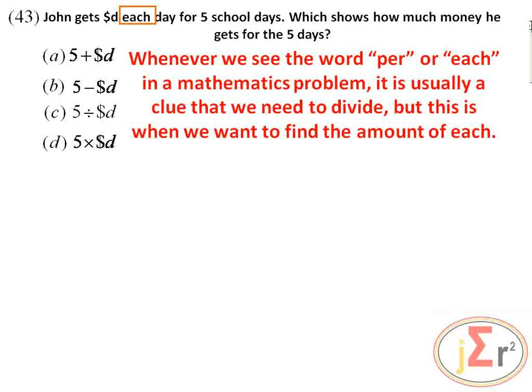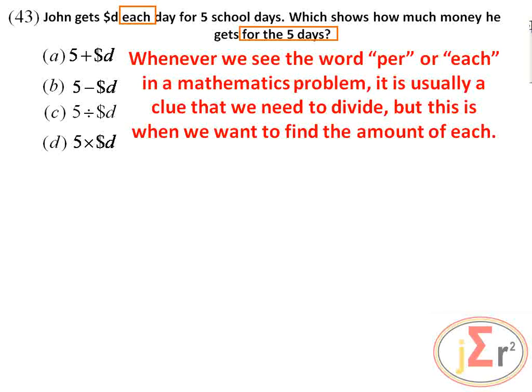On this occasion, we are not finding the amount of each. We are finding how much money he gets for the total of 5 days overall, which is not each, but the total sum. So we do not imagine on this occasion that we should divide.